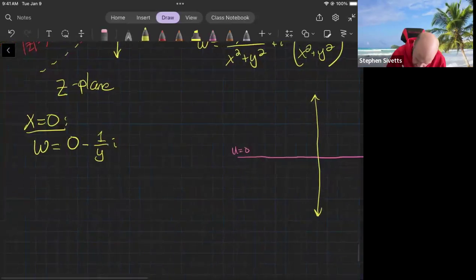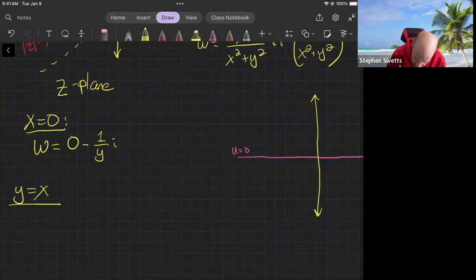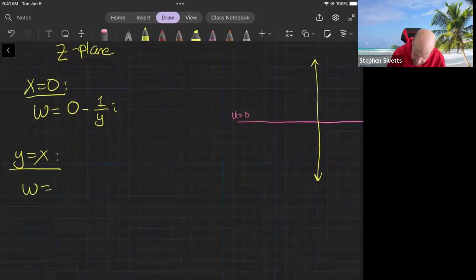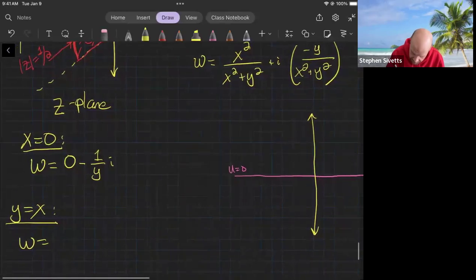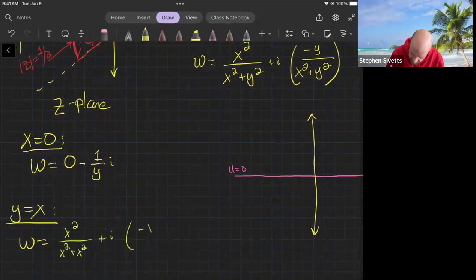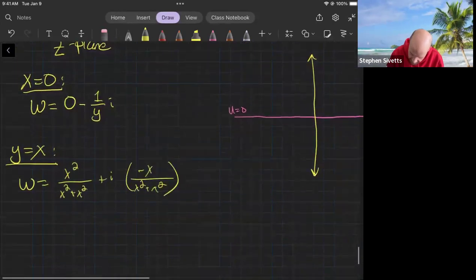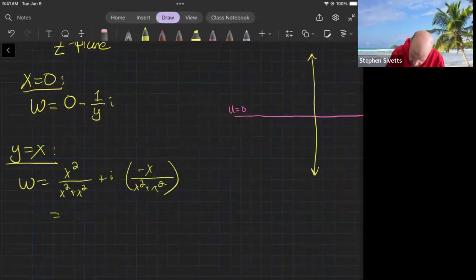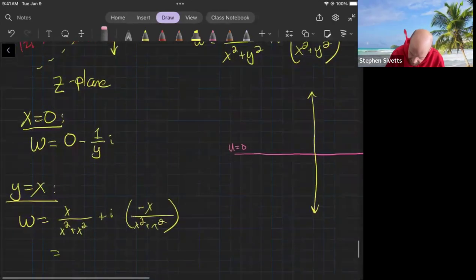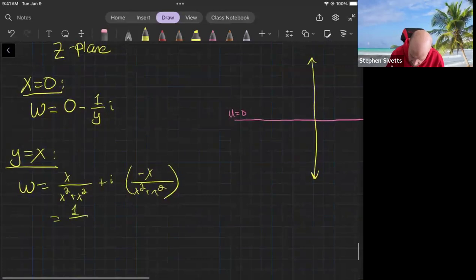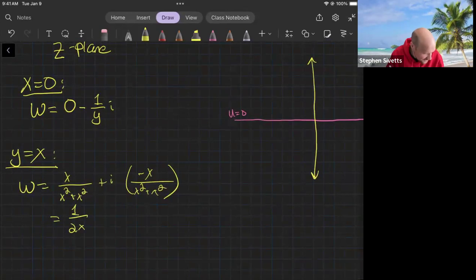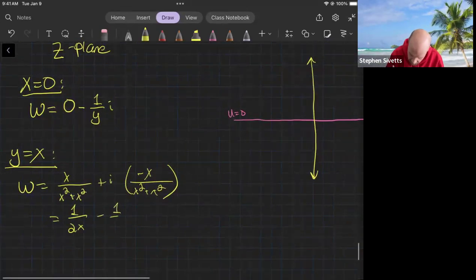All right. So likewise at the points where y equals x, the points in the W plane will be x squared over x squared plus x squared, plus i times minus x over x squared plus x squared, since y is x, right? Oh, shoot, excuse me, that's x here. So x over x squared plus x squared is 1 over 2x, and then minus 1 over 2x times i.